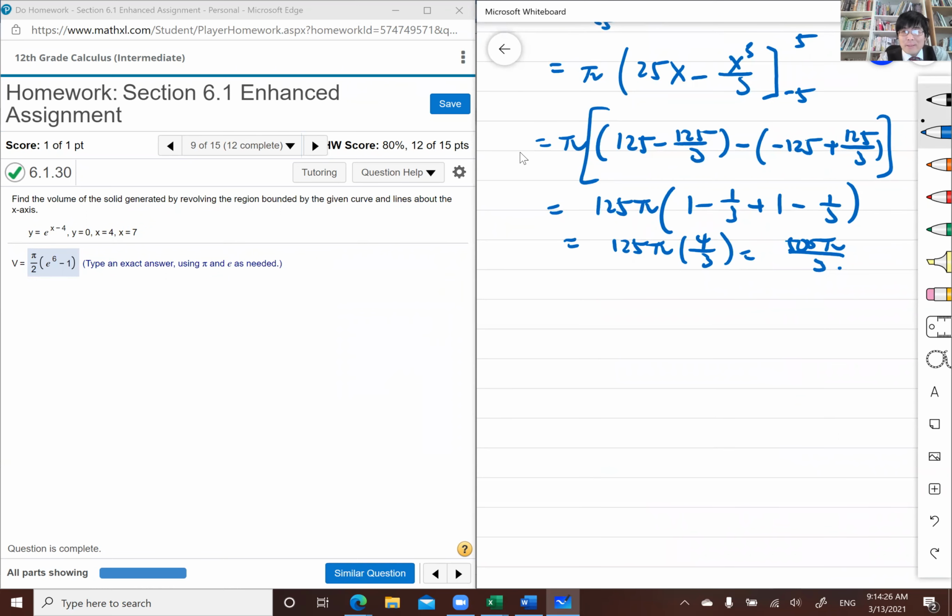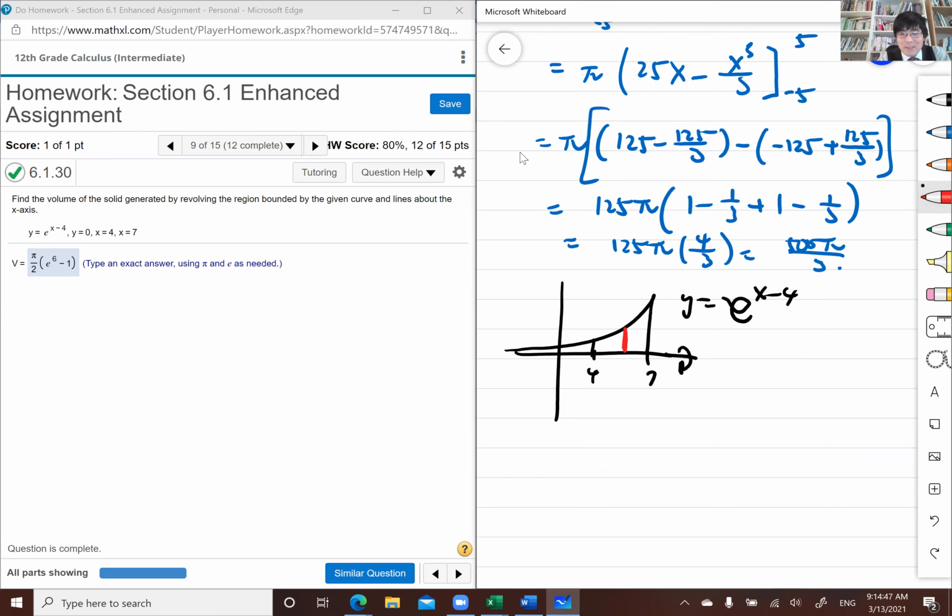Okay, and another revolution problem. You have y is equal to e to the x minus 4, and we are interested in finding the volume of this part when it is rotated with respect to the x-axis. The radius is this y value here.